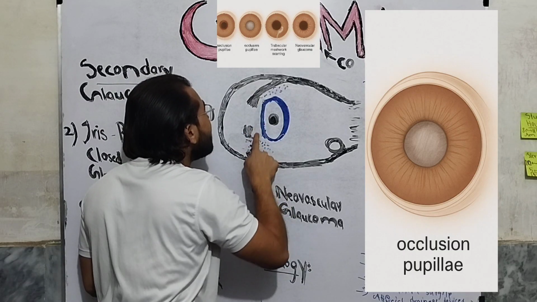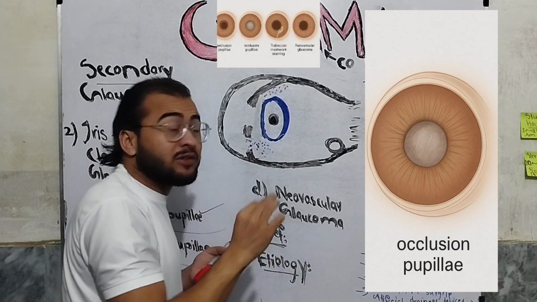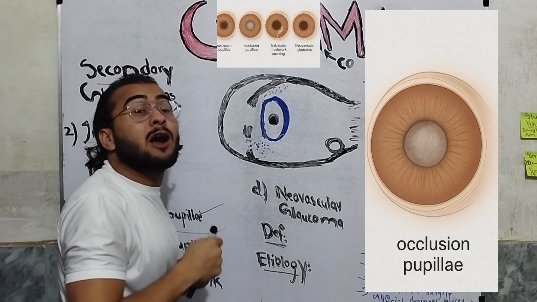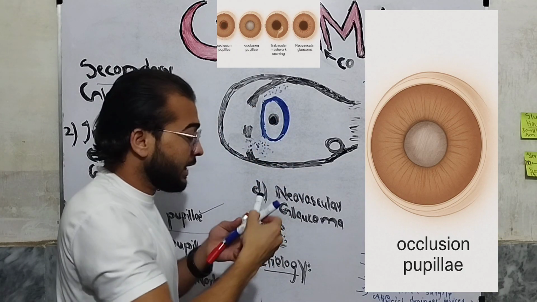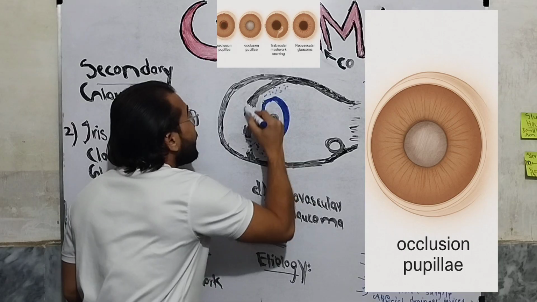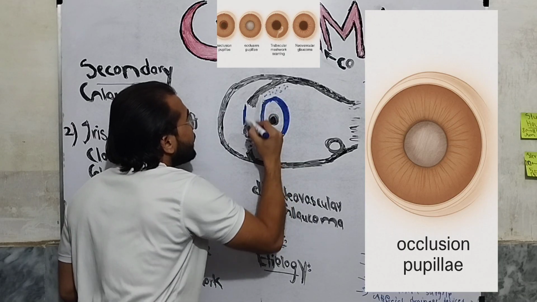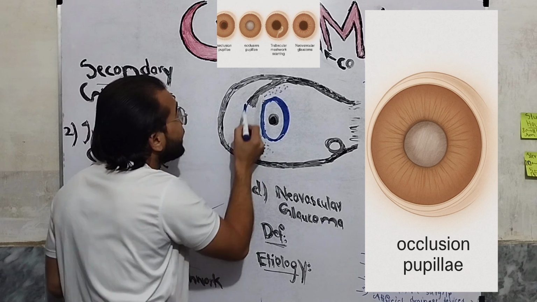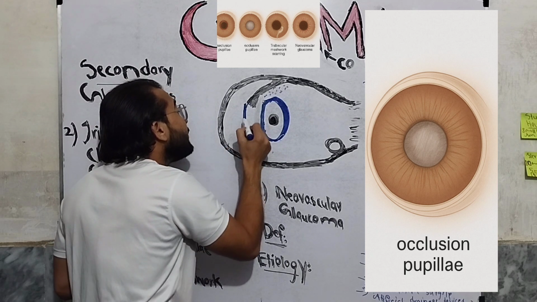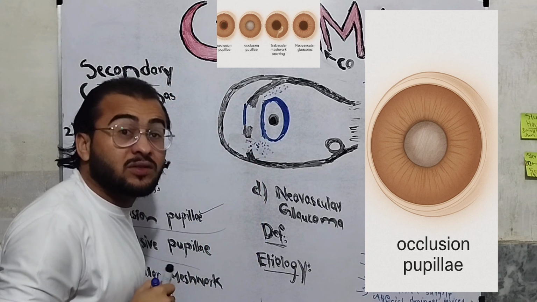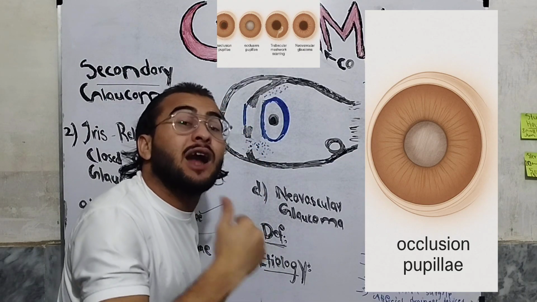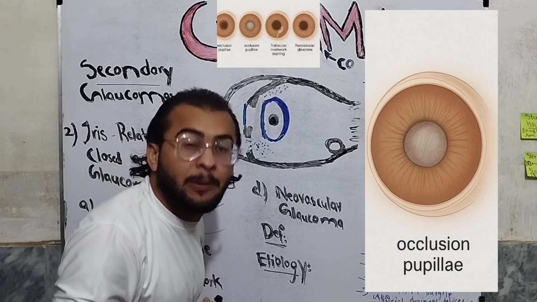When there is chronic inflammation of the iris, there will be formation of a membrane across the pupil. Due to the chronic or prolonged inflammation, there will be an inflammatory membrane which will again occlude the pupillary outlet, called occlusio pupillae.